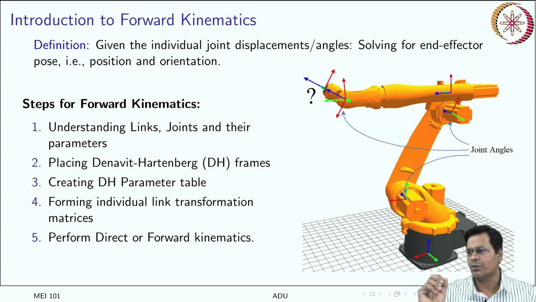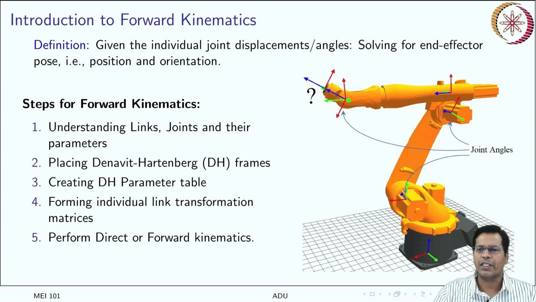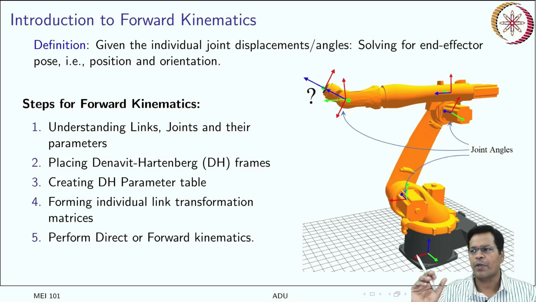That is known as a DH frame. We'll create the DH parameter table. We'll see when it comes. Then we form individual link transformation matrices for all the links which are connected one after the other, and finally we'll perform direct or forward kinematics. These are the steps necessary to go through before we actually do forward kinematics.